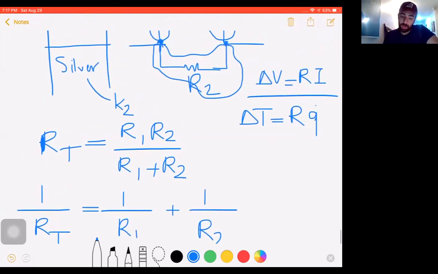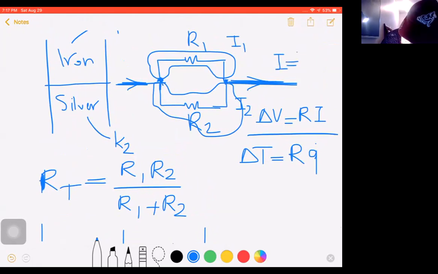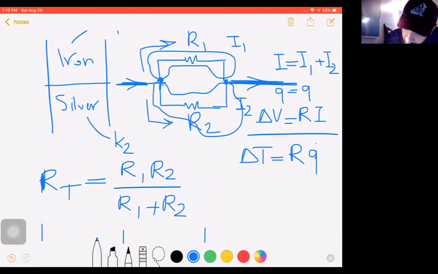That actually comes from the fact that if you have two currents that are being added up together, you have a current of I1 and a current of I2, and the total I is equal to I1 plus I2. So the total heat rate of the system is equal to the heat going through the first resistivity plus the heat going through the second resistivity.